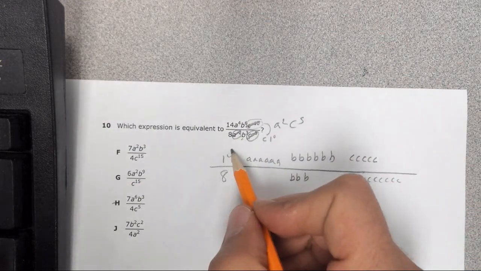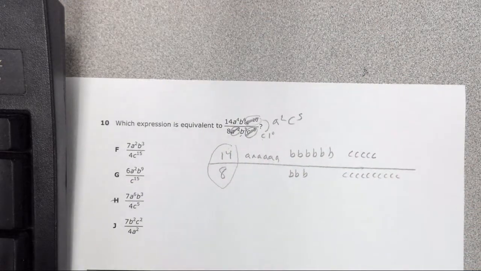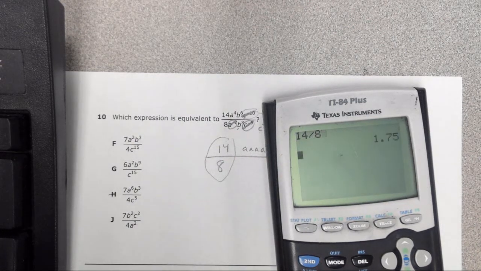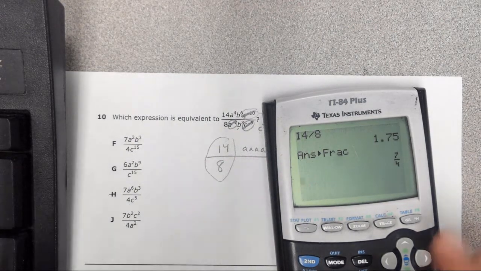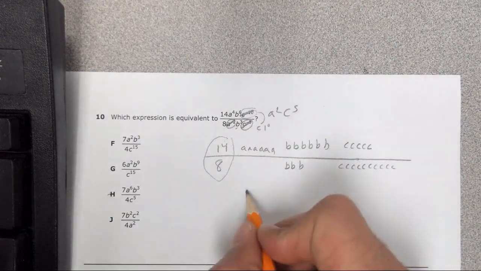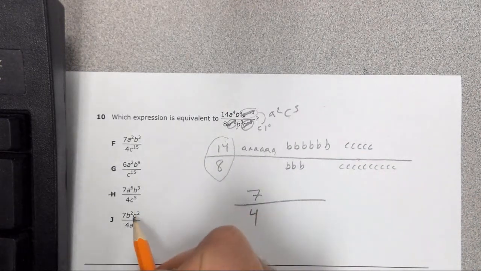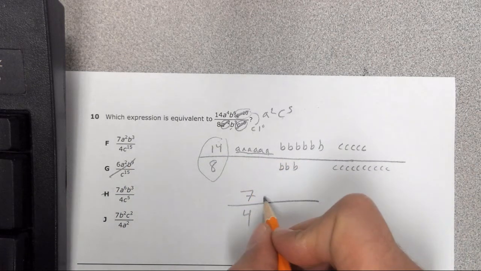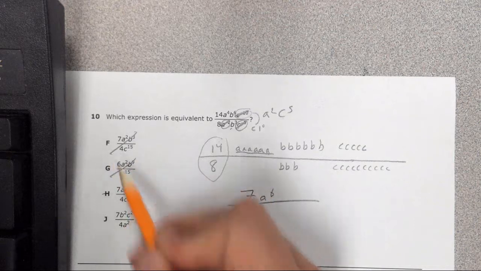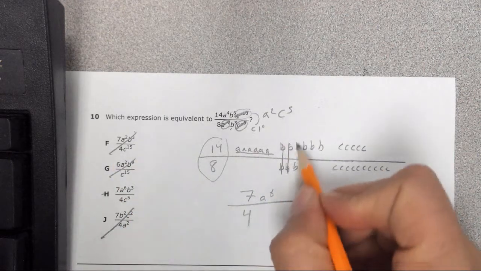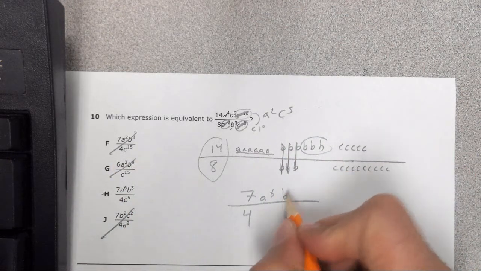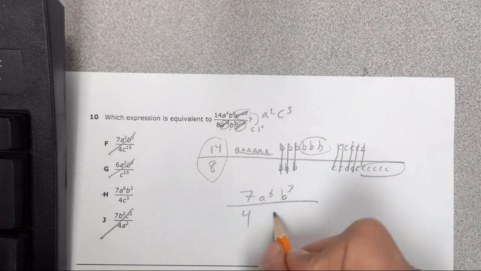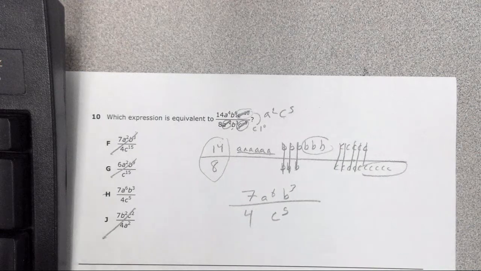Now, 14 divided by 8. If you plug it in your calculator and make it a fraction, it's 7 over 4. 7 on top, 4 in the bottom. Now, 1, 2, 3, 4, 5, 6, 6 A's, 3 B's, 5 C's on the bottom. The answer is H.